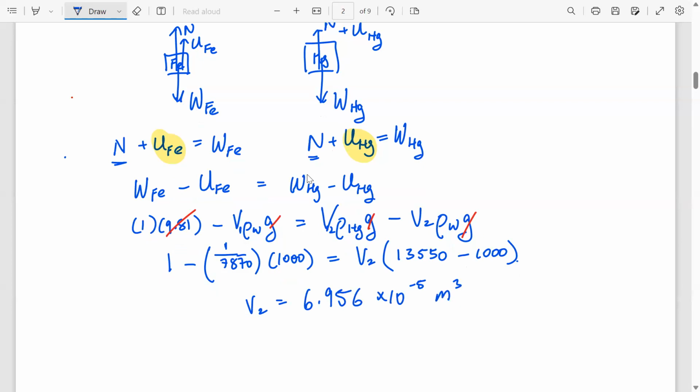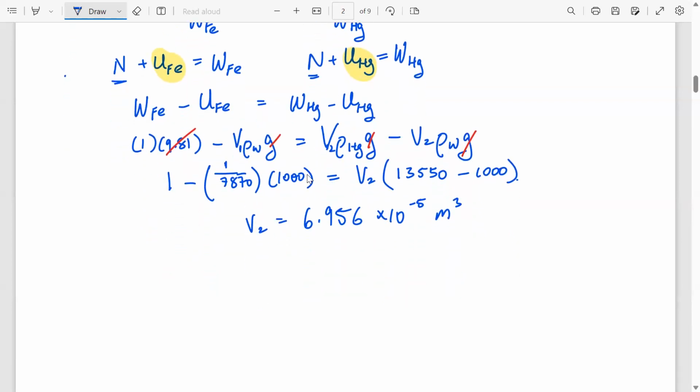So that's the volume of the mercury, which means that the mass of the mercury is density times volume. You'll get 0.942 kg.